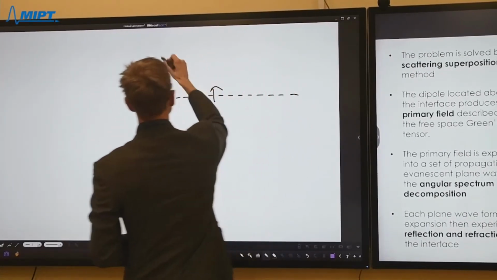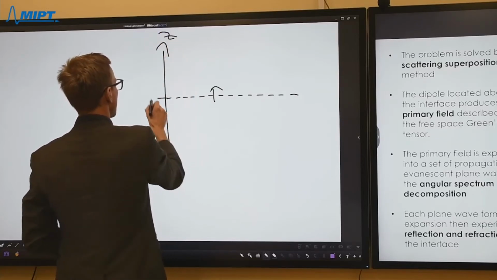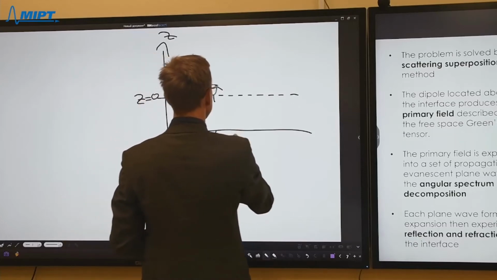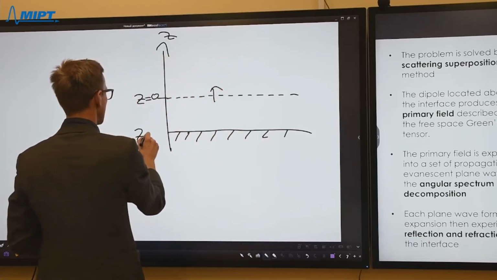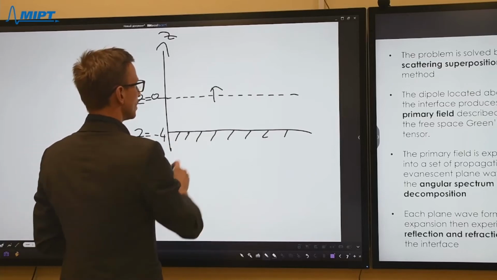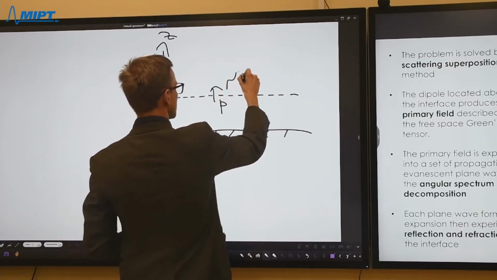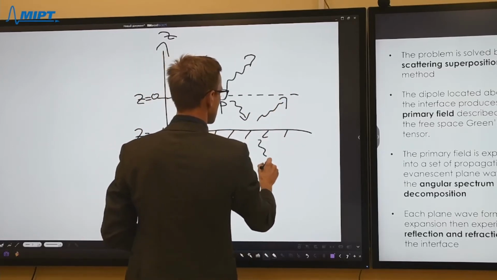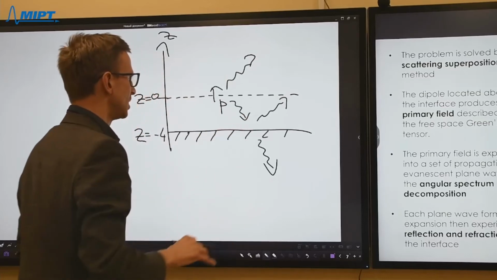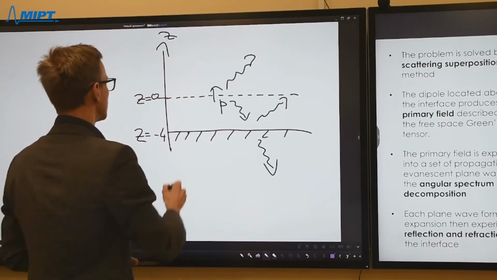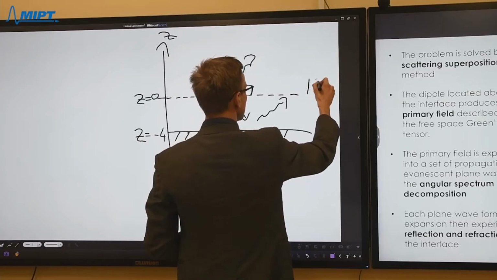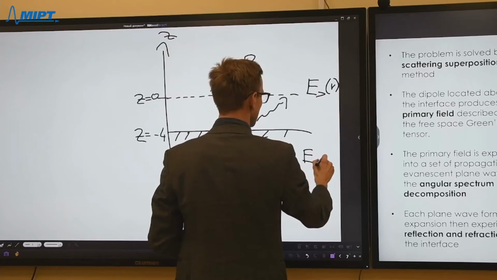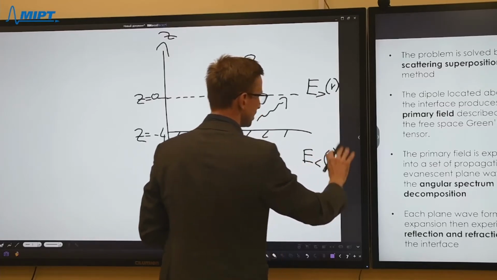Okay, so we have Z equals 0, we have the interface at Z equals minus L. We have the dipole P, which produces this, and I'm going to skip evanescent. So this is E greater, this is E less. I'm writing the electric fields here.